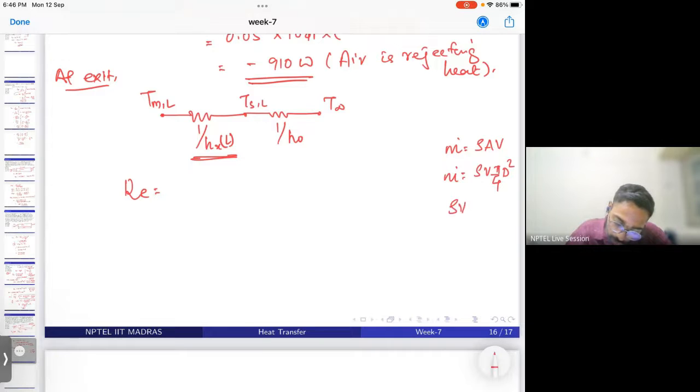So rho V d is equal to 4 m dot divided by pi d. So the Reynolds number is 4 m dot by pi mu d.